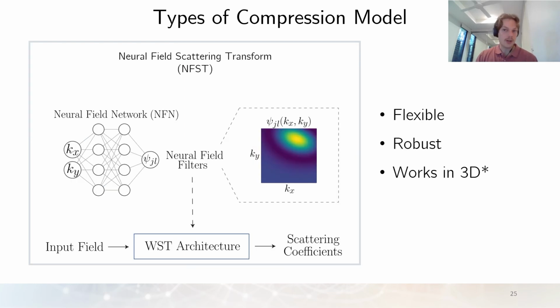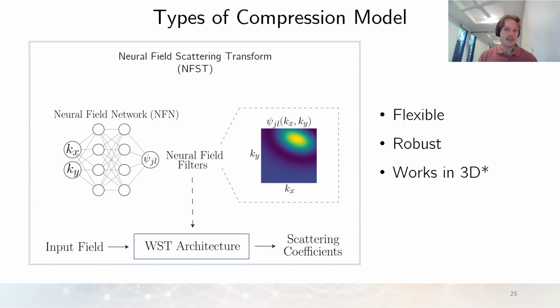And the compression model that I've used the most is the neural field scattering transform. So this is a model that I've been developing where effectively you take the filters that normally occur in the Wavelet Scattering Transform and you allow those to be trainable. And they're trainable in the form of what's called a neural field. Basically, this just means you have a set of flexible filters that can better adapt to the task at hand.